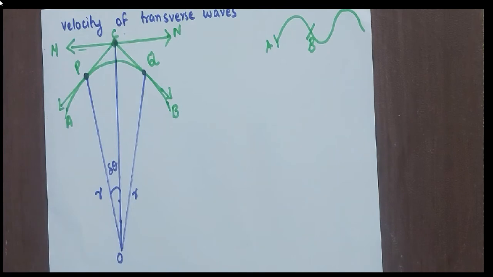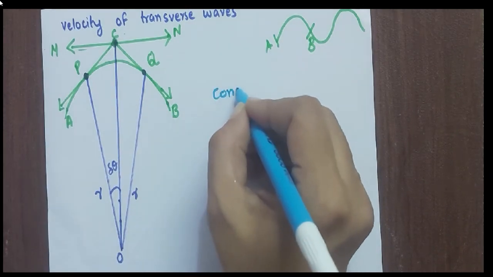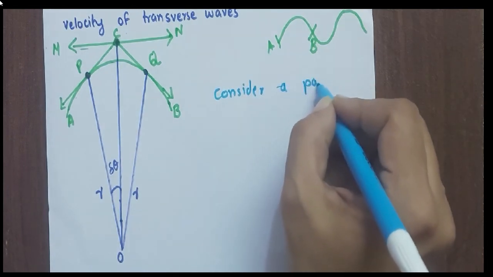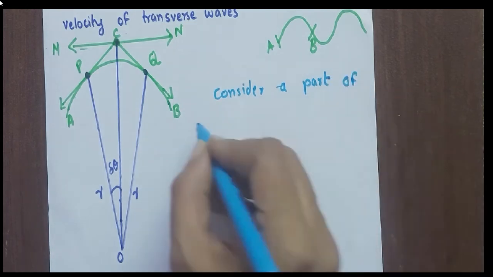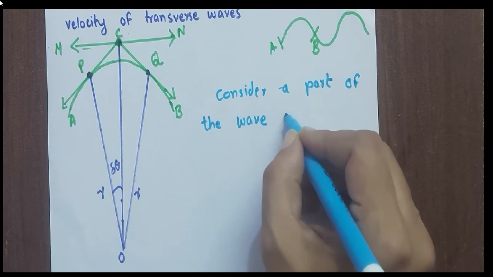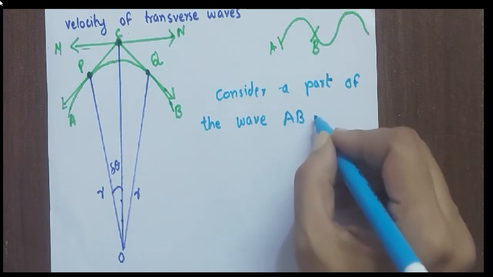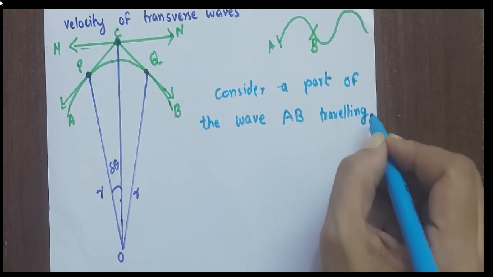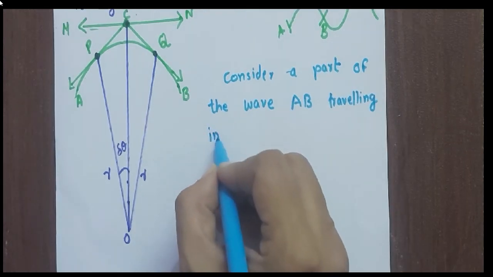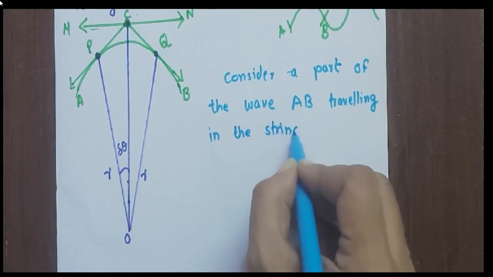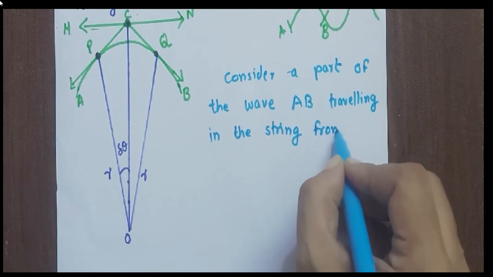Consider a part of the wave AB traveling in the string from left to right.